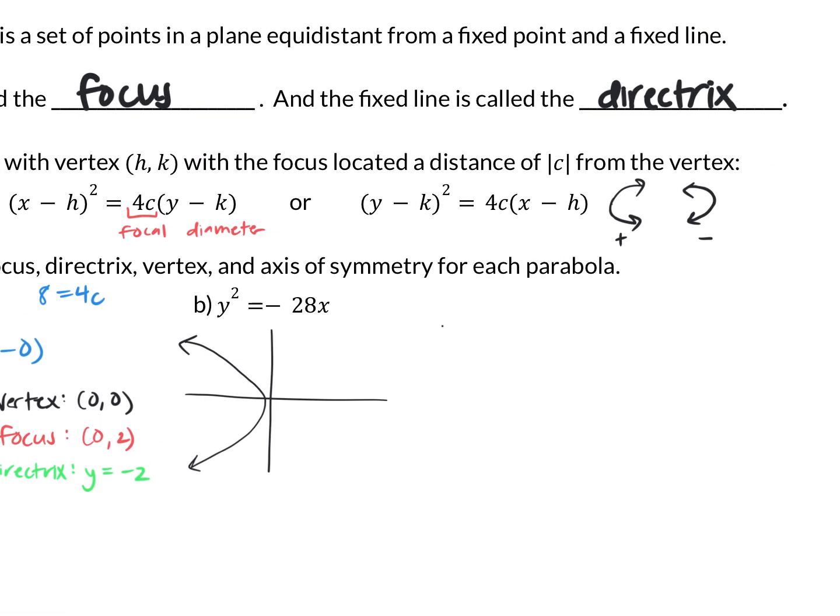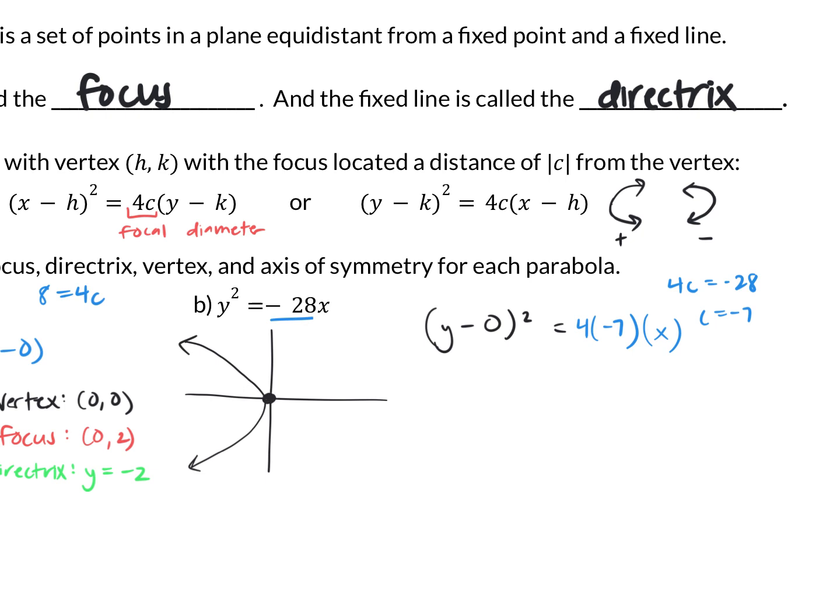If I rewrite this in that form, it's y minus 0 squared is equal to, well, let's see. We want -28 to be equal to 4c. So 4c equals -28. What is c going to be? -7, right? So I've got 4 times -7 and then times x minus 0, which is just x, right?